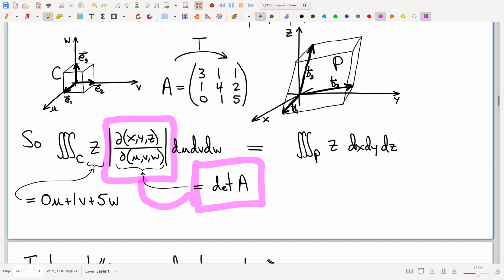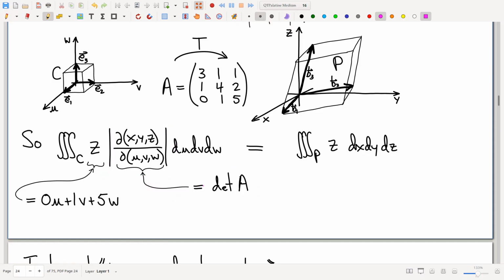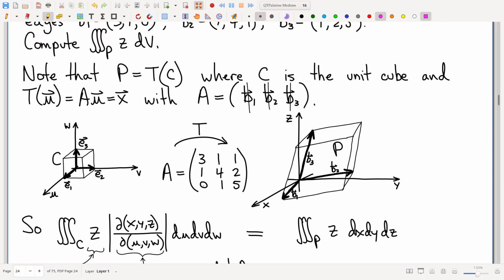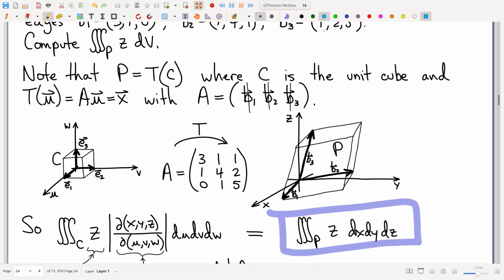Yes? If we were given T going the other way around, as in matrix A takes us from the right side to the left side, would we then just use the transpose of A? Well, I guess I don't quite understand the premise. If this is the integral I want to compute, and it's defined on this domain, I don't really care what I'm given.